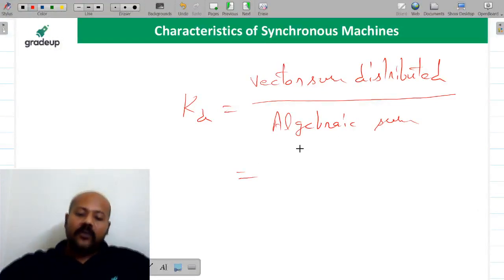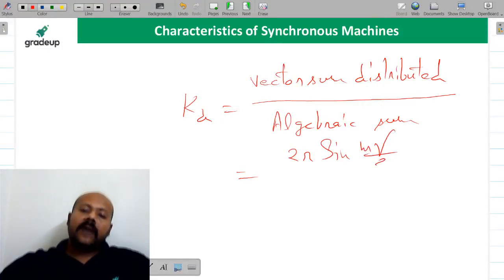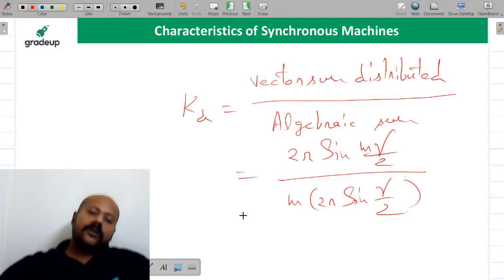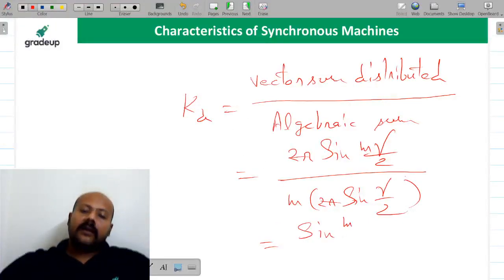So it is going to be 2R sin m gamma by 2 divided by m times 2R sin gamma by 2. Yes or no? Now this 2R is going to be cancelled and you are going to get the formula for this distribution factor as sin m gamma by 2 divided by m sin gamma by 2.